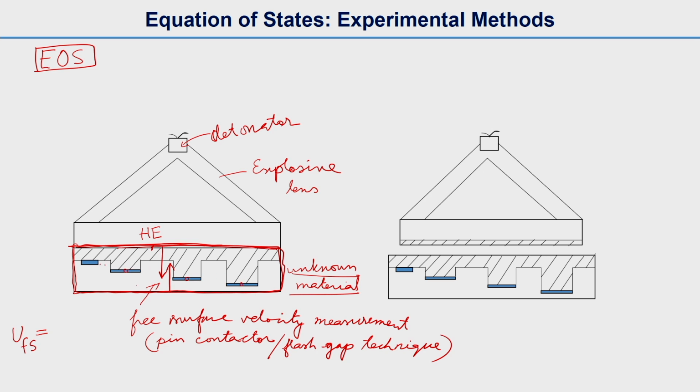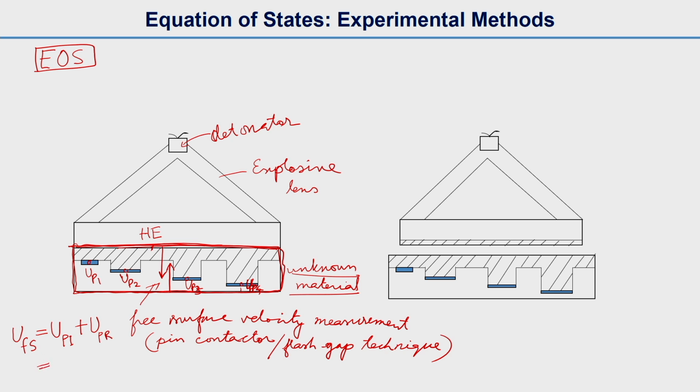These points are the points of particle velocity measurement at different points. Now what I wanted to discuss is that the free surface velocity is equal to the particle velocity incident on this free surface plus the particle velocity that is reflected.